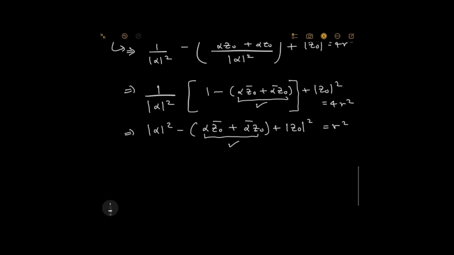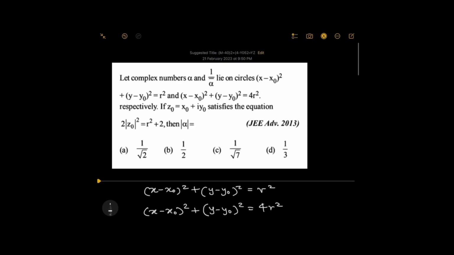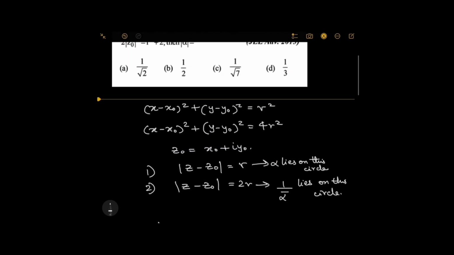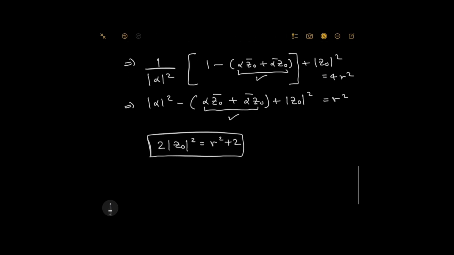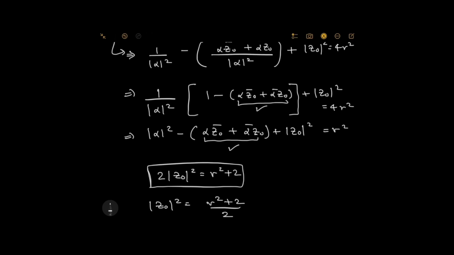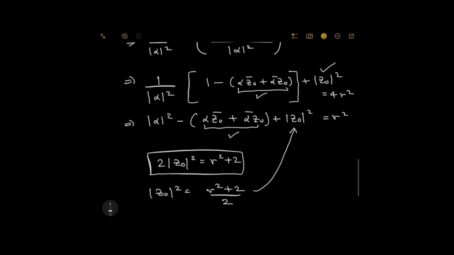Now we will use our third and most important equation that was already given in the question, this z0 one. Let's simplify this. Now we will use this value of z0 in these equations.